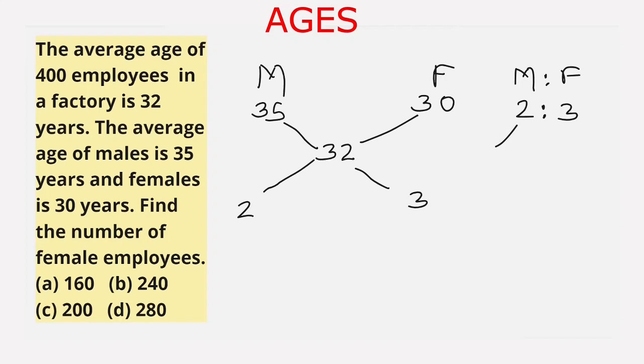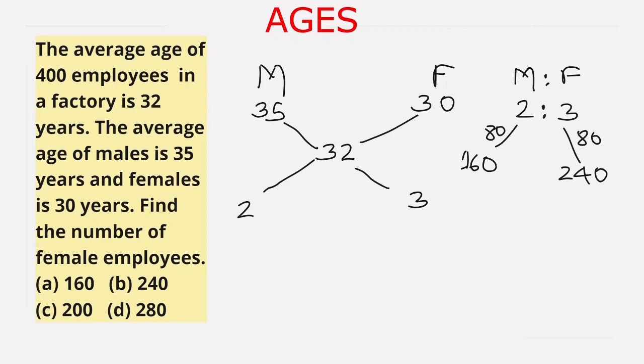So 80 times 2 is 160, the number of males, and 80 times 3 is 240, the number of females. This way we can get the number of males and females very easily within 1 minute by this shortcut method of alligation and mixture.